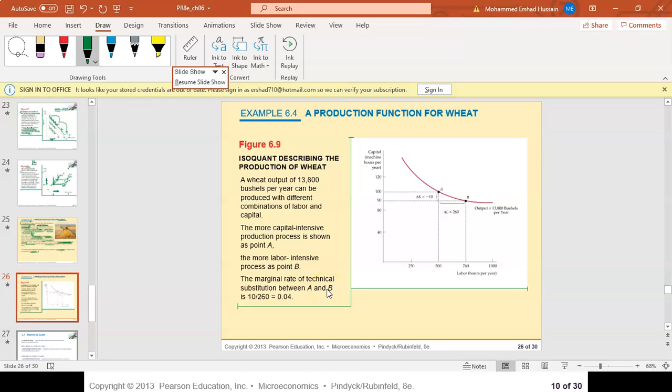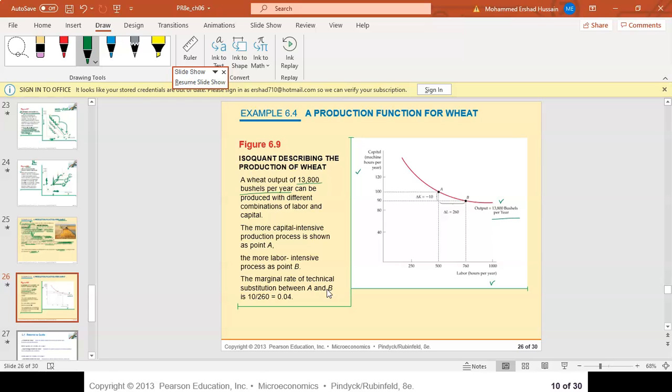So let us see isoquants describing the production of wheat. A wheat output of 13,800 bushels per year can be produced. Look at that, this is output, right? The red curve is the isoquant. We plot labor here, capital here, right?